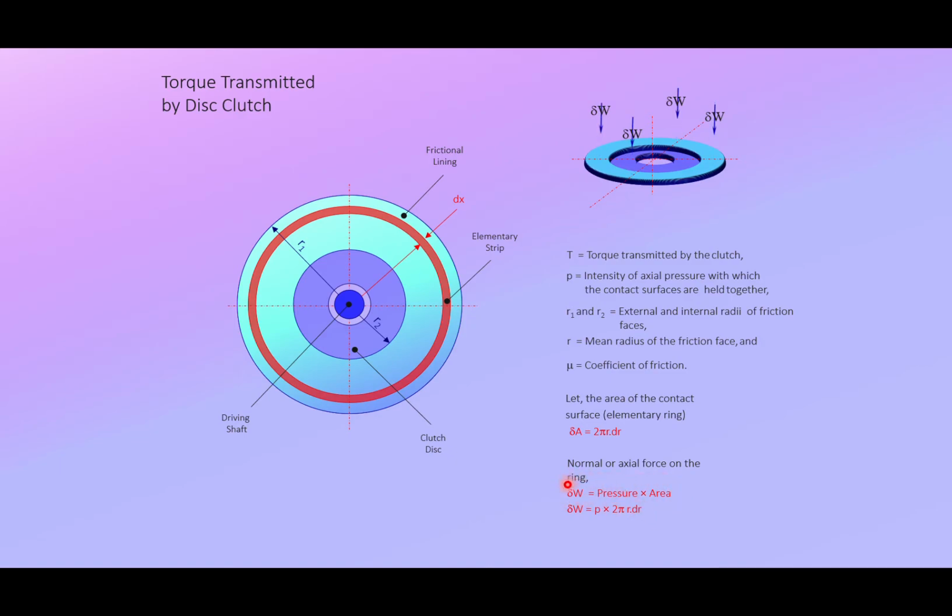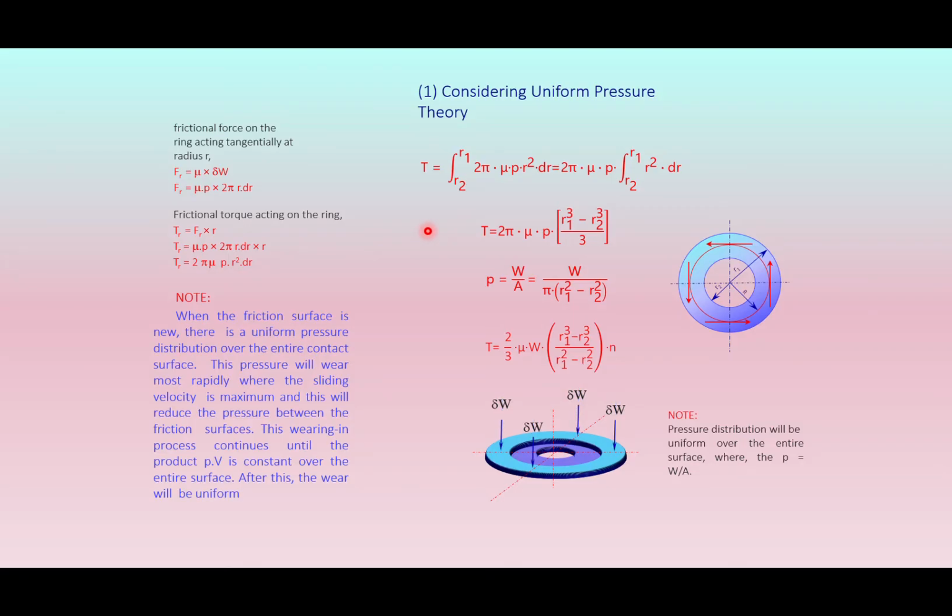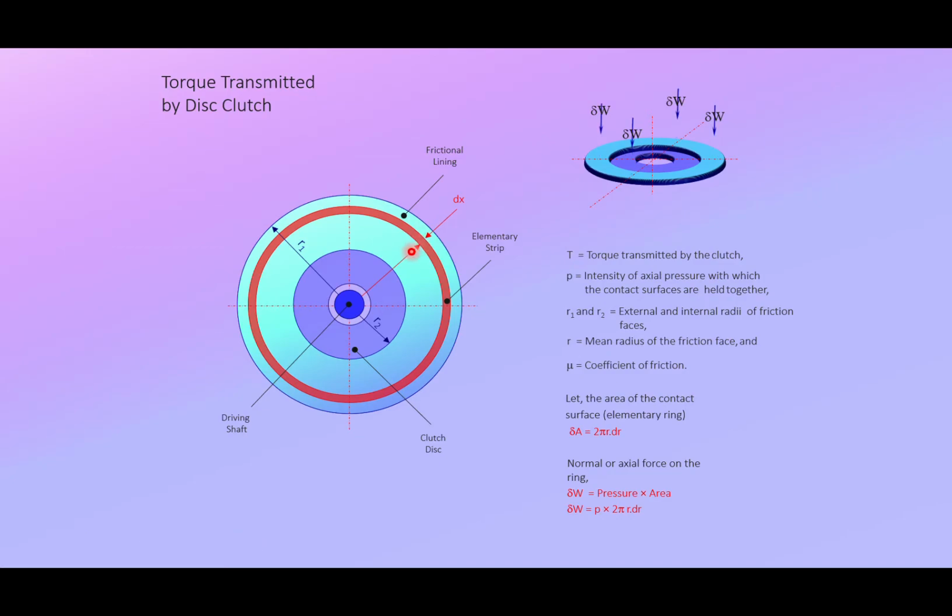So the normal force, the small change delta here refers to the small change based on the elementary ring or the elementary strip, is pressure times area. Pressure is P, and the area that we developed just now is 2 pi r dr, where dr is the thickness of the strip. You take the circumferential length, multiply by the thickness, and you get the area.